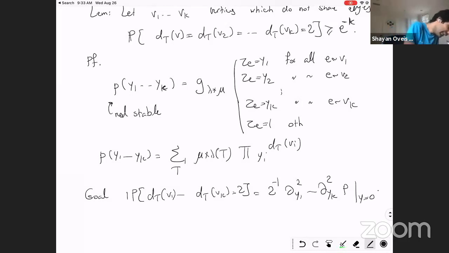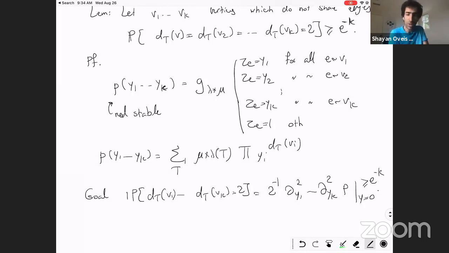You want to show this is at least e to the minus k. I'm exactly interested in the coefficient of y_1 squared up to y_k squared. That's exactly the probability that all of these k vertices have two edges in my spanning tree.